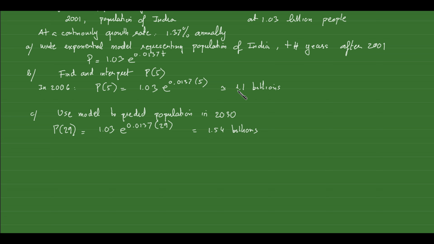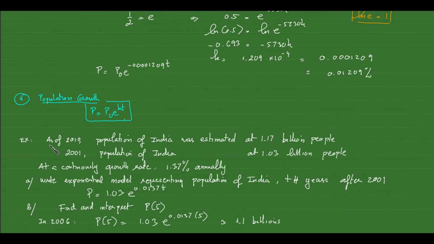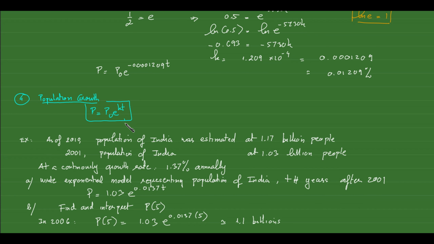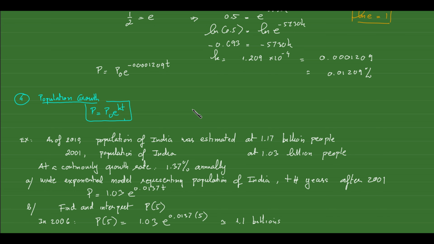Okay, I think that's what it is. These two examples are so that you can understand the decay and the growth. If it's decay, the rate is negative; if it's growth, it is positive. Of course, we can use a different way to represent the exponential function.